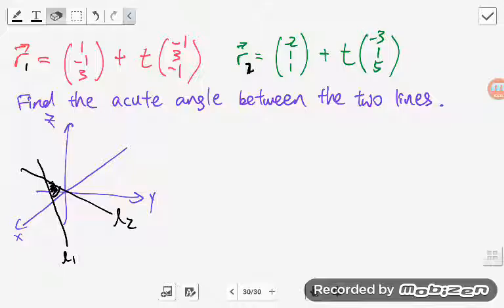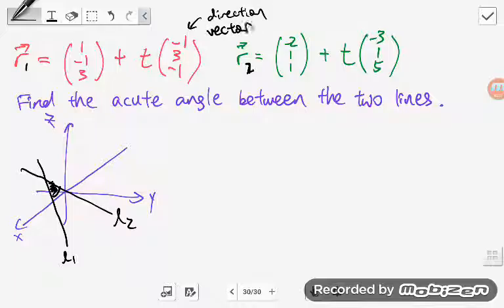Now, let's think about this. This part is the direction vector of your first line. And this is your direction vector of your second line. Right?